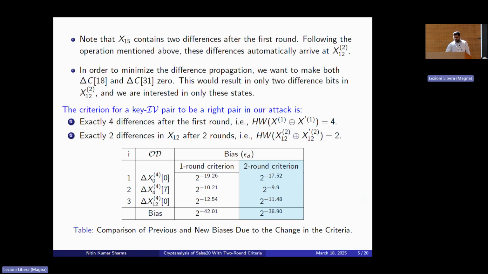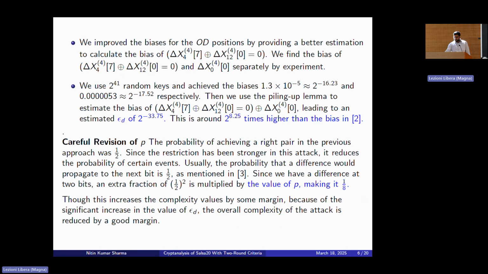So instead of 2^-20 point something, we got 2^-16.23. We have combinedly found the bias for the XOR of these two values, and using the piling-up lemma we achieve 2^-33.75. So we have improved by 2^8.25. The bias value has already improved by a big margin, so it has ultimately improved the time complexity.